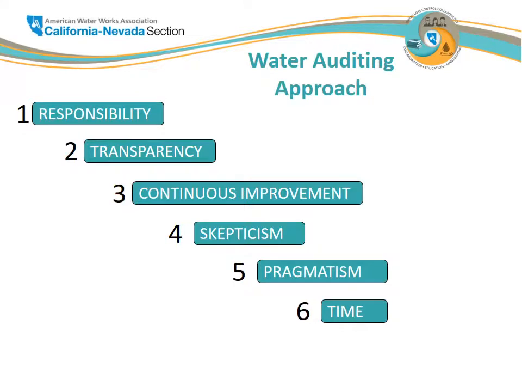Most generally speaking, I just wanted to address some important characteristics of a good water auditing approach. First, we want to acknowledge that this process requires a lot of herding data cats, as we sometimes call it. It requires a lot of coordination, a lot of data requests, a lot of calculations, and organization of data into one form, let alone the submission of that form and the follow-up of making sure the form gets to the right place.